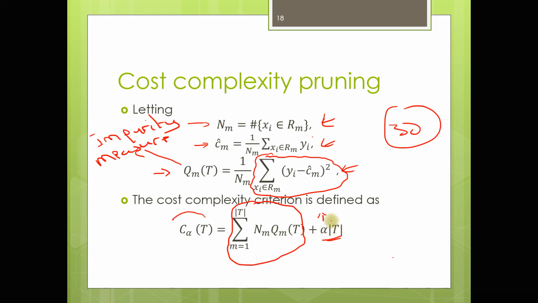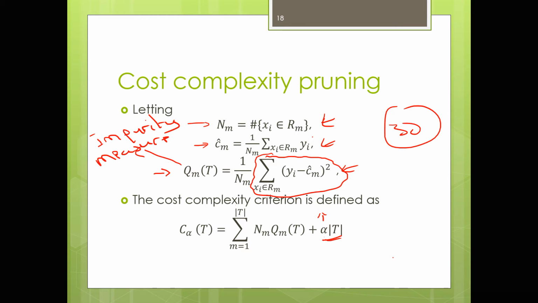Because obviously, if alpha is increasing, the error is increasing as well. So as I said, when alpha increases, you have a price to pay for the tree with the maximum number of terminal nodes.